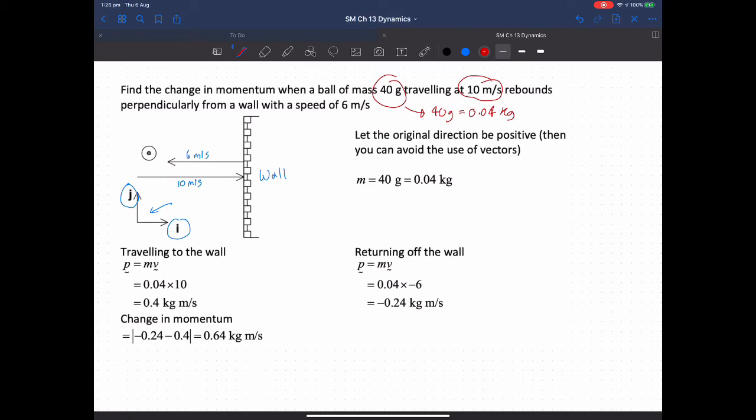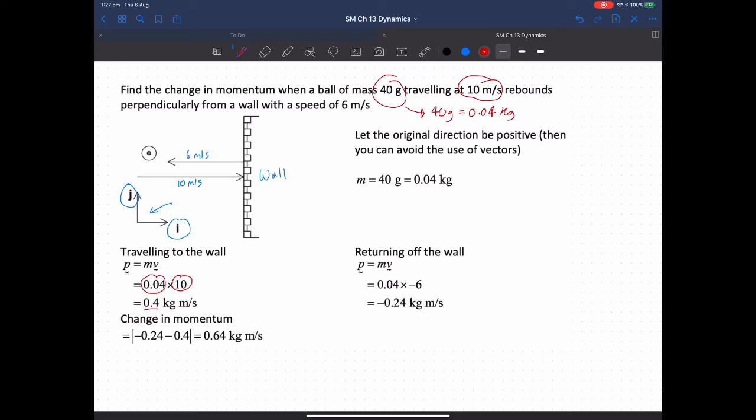So to work out our momentum travelling towards the wall, we have our mass in kilograms, 0.04, times 10, the velocity. So 0.04 times 10 is 0.4 kilograms metres per second. So that's travelling towards the wall.